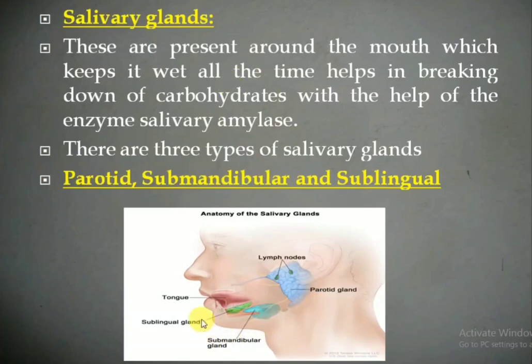During digestion, as we take food into the mouth, they keep the mouth wet and help in chewing. With the help of amylase, they break down the carbohydrates in the food we are taking and release some energy. So this is about the salivary glands.